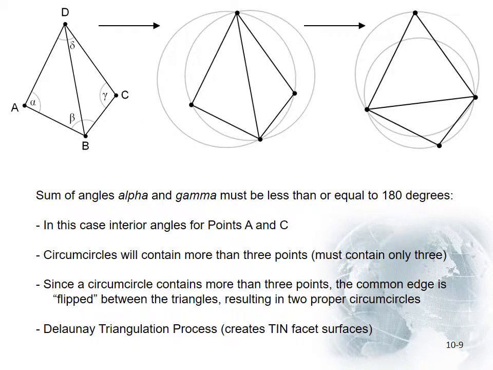In this particular case, both circumcircles that were originally drawn will contain 4. That's not acceptable under the rules for this particular transformation. So we break apart the triangles and redraw the boundary between them, the shared adjacent line between the 2 triangles, so that we can circumscribe each 3 points with a single circle. That's what's happening here in the diagram up on the top.